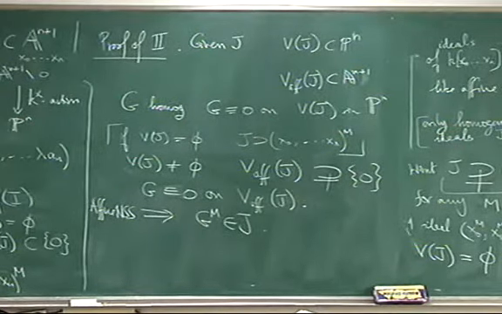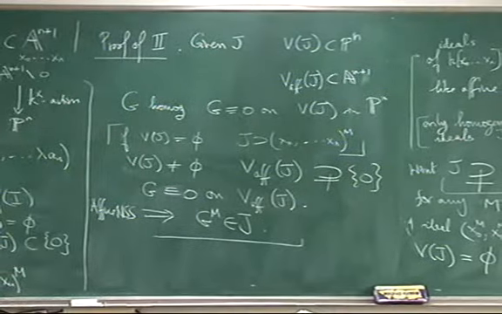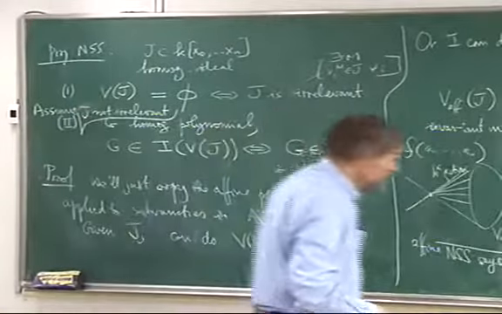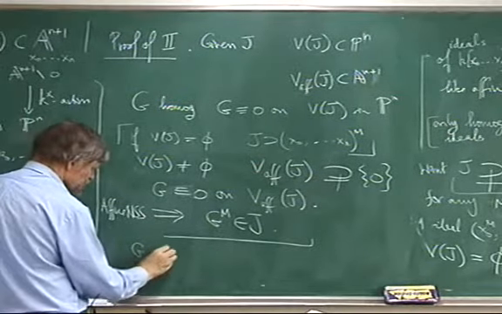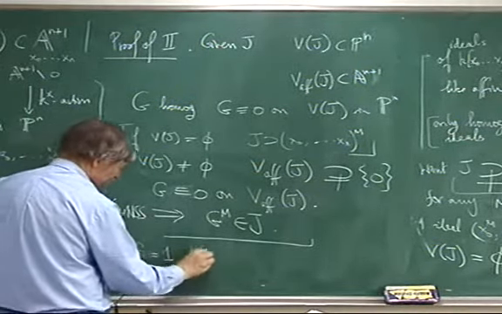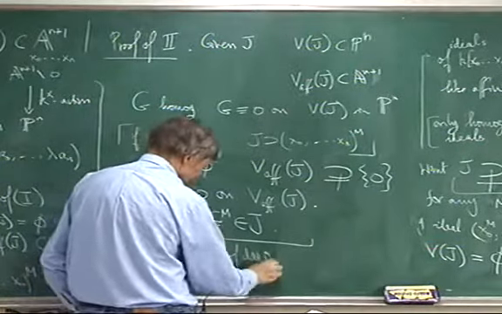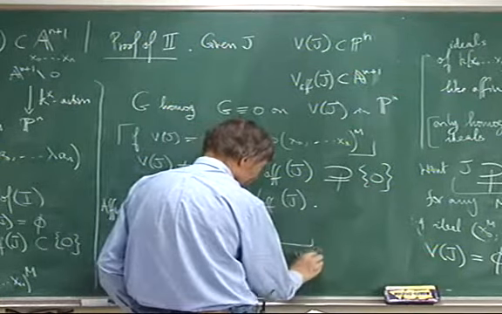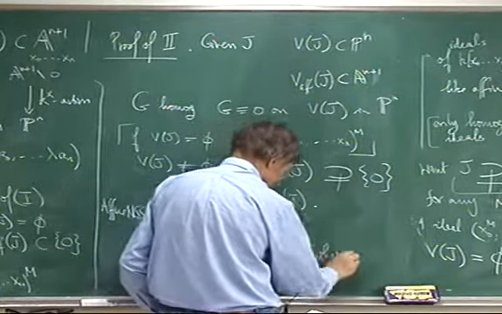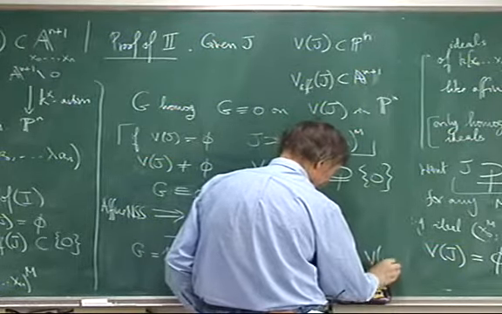Okay, so you notice that I sort of hesitated about this and eventually got it slightly wrong. If G is 1, that's homogeneous of degree 0, and it vanishes on V of x_0 up to x_n.